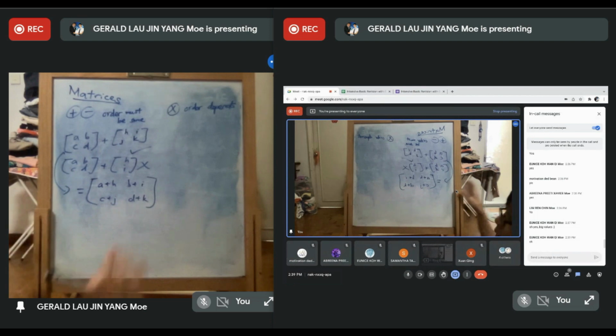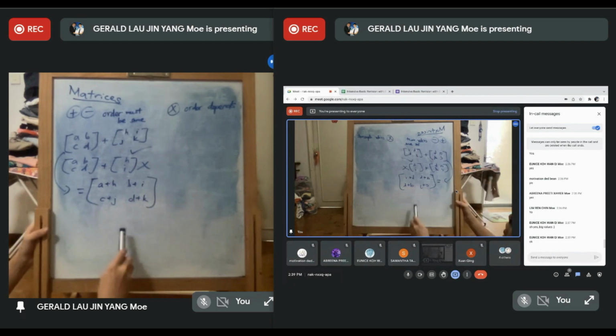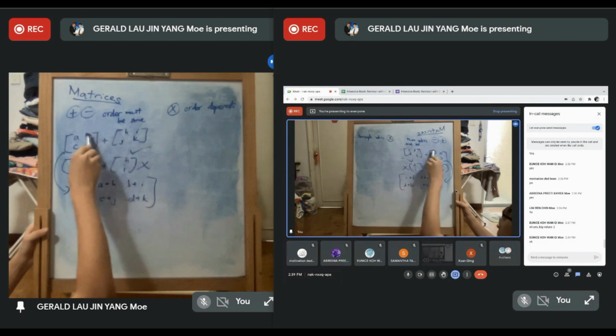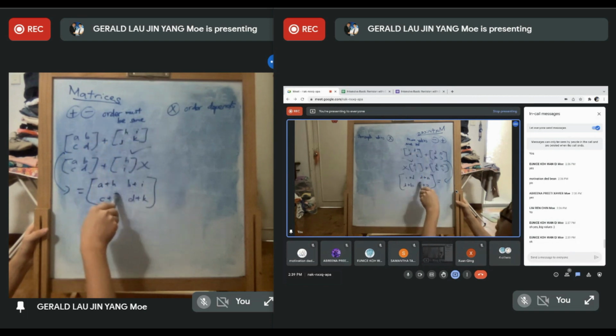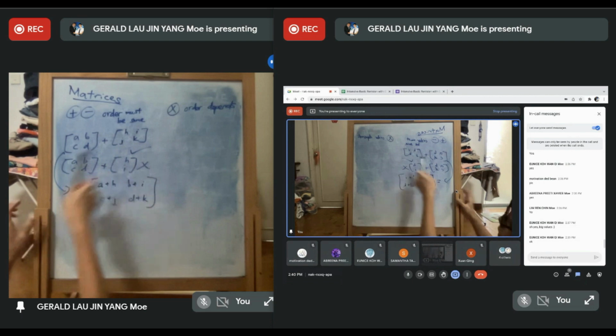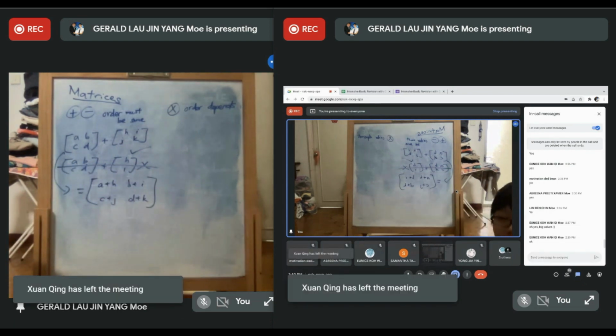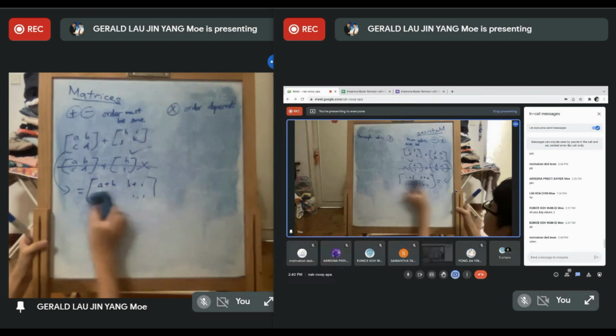Understand? Plus minus is very easy in matrices. You see the order same, okay, can. Then A with the same position, B with same position only. Okay? You see order not the same, you cancel out, cannot do. Okay? Understand? Alright.